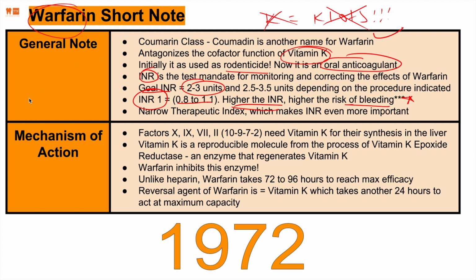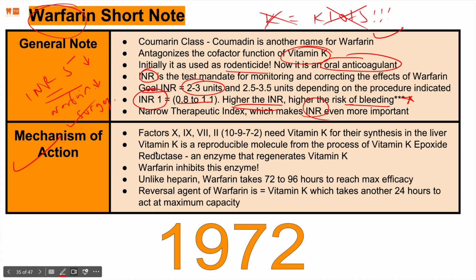So in a patient whose INR is 5 and is taking warfarin and needs to go to surgery, we can't do the surgery. We need to correct the dose of the warfarin to bring down the INR to the goal units 2 to 3, 2.5 to 3.5, and then we could do the surgery. That's basic concept. Warfarin also has a narrow therapeutic index, which makes INR even more important to monitor.